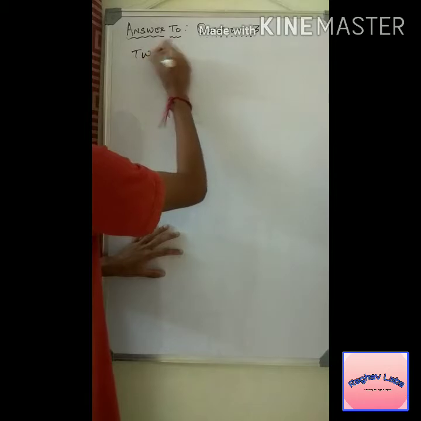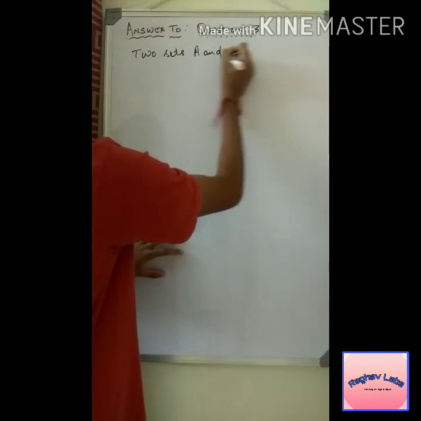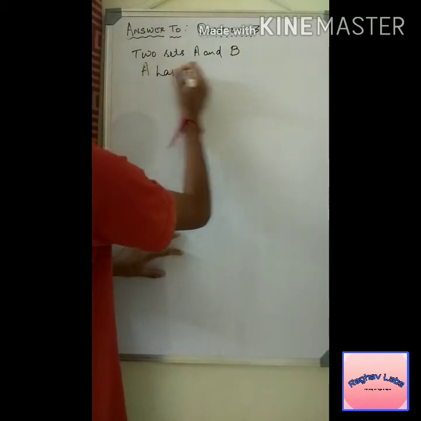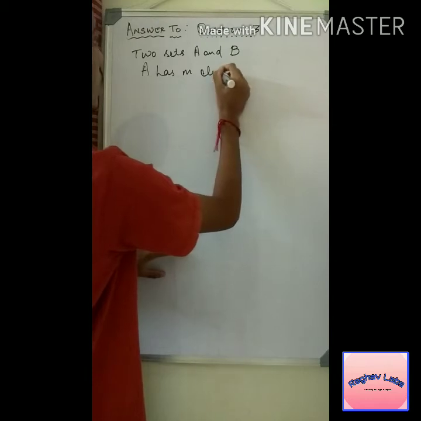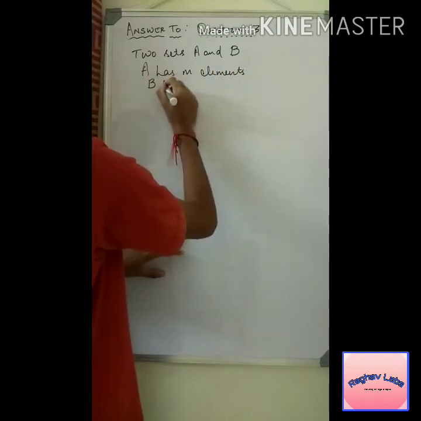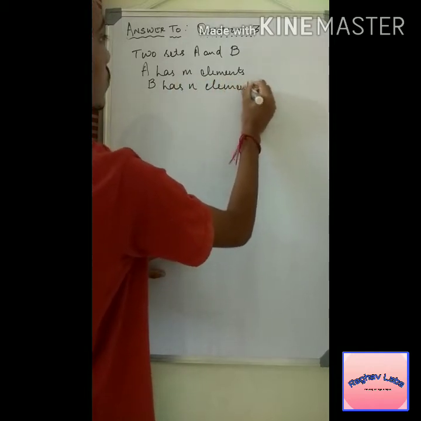So to answer this question, it is given that two sets A and B have m and n elements each. A has m elements and B has n elements, right?